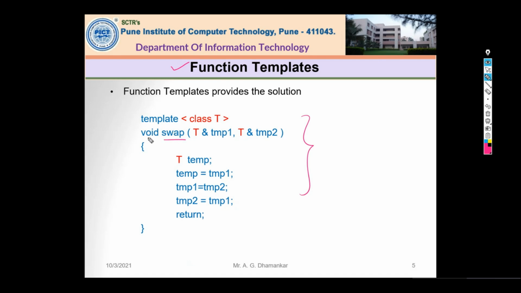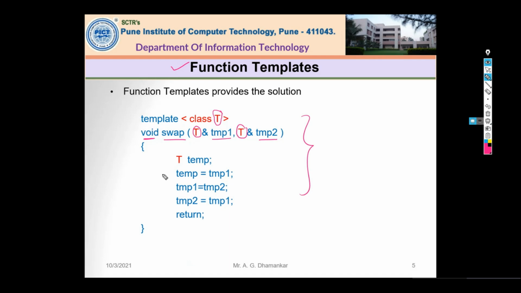Let's say this is swap which returns void, which takes first argument temp1, second argument temp2 of some data type T reference. And T will be declared over here.